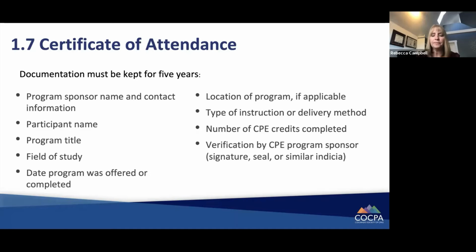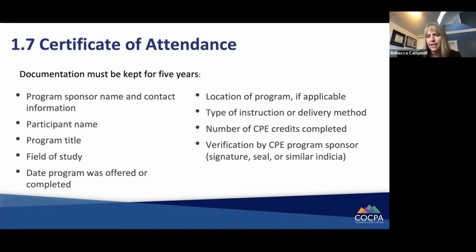The other thing I just want to say is that I also want to encourage you to keep all of your certificates online somewhere. So store them up in the cloud. Do not have these certificates of attendance in your desk or in a file cabinet at your work or your home.